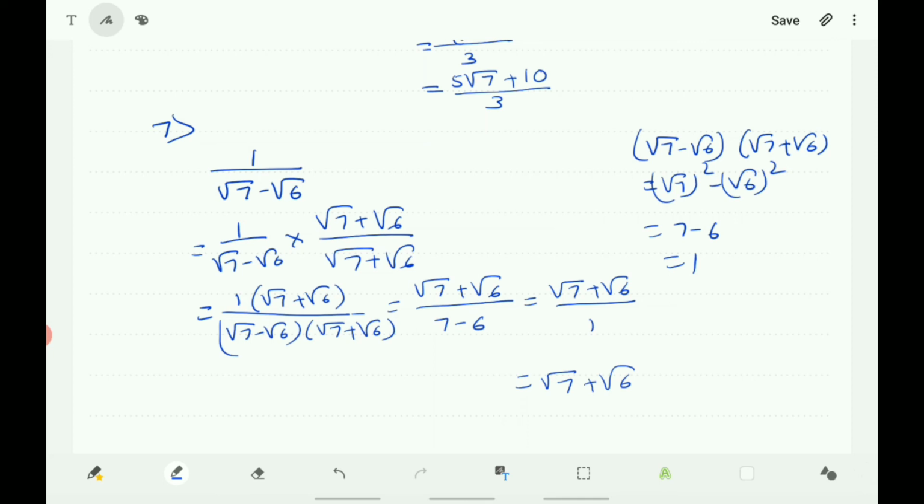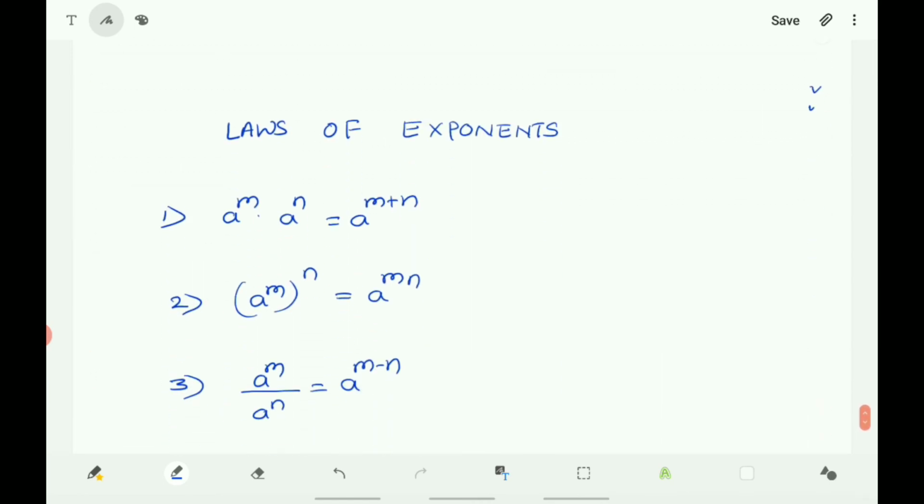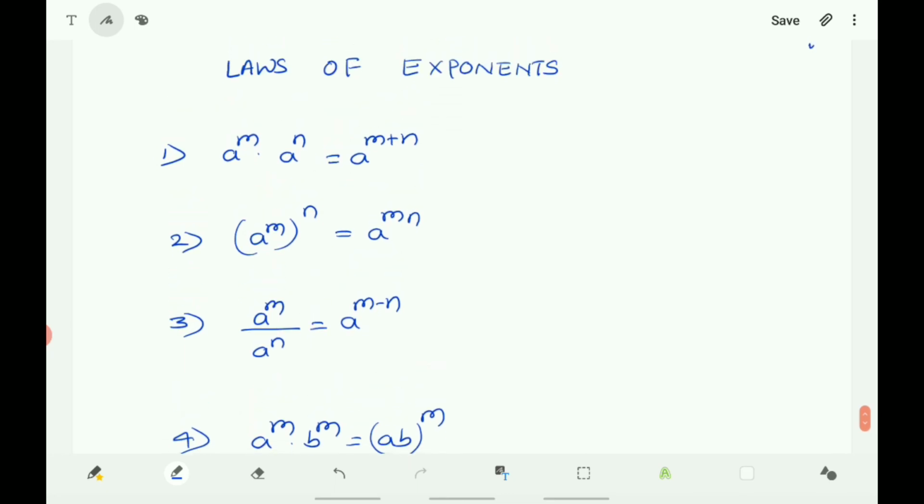Now let us discuss the laws of exponents, which you have learnt in 8th standard already and also in the 7th standard. That is, a to the power of m into a to the power of n is equal to a to the power of m plus n.